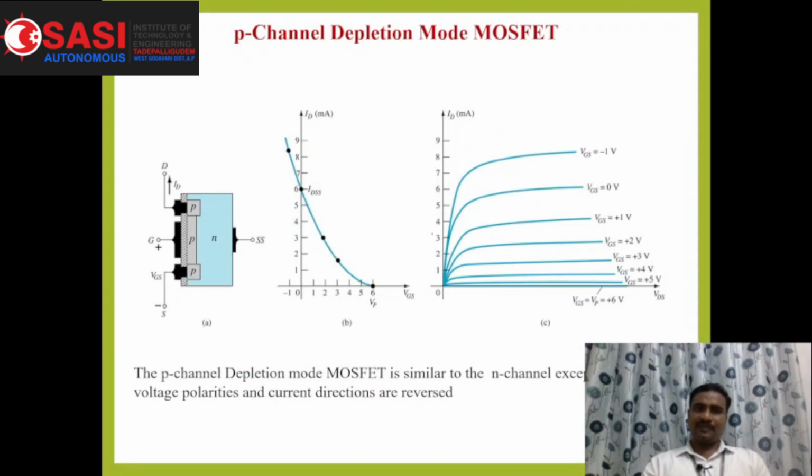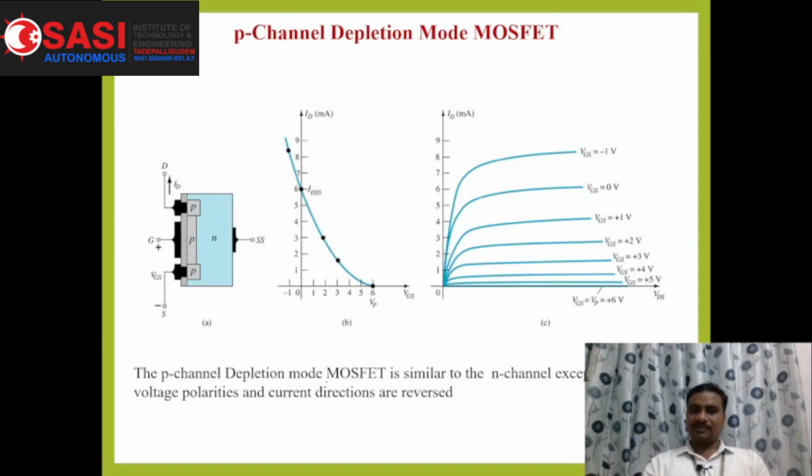Next, move on to the p channel depletion MOSFET. This will be operated from positive to negative, so the direction of current changes. Initially it is drain to source, now it is source to drain. Here you can observe the transfer characteristics.